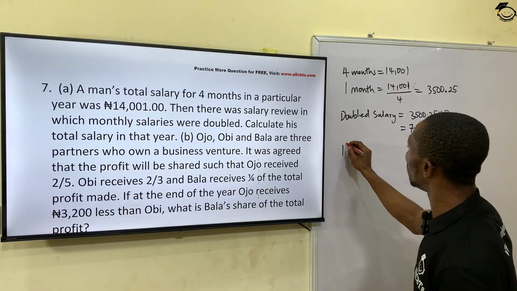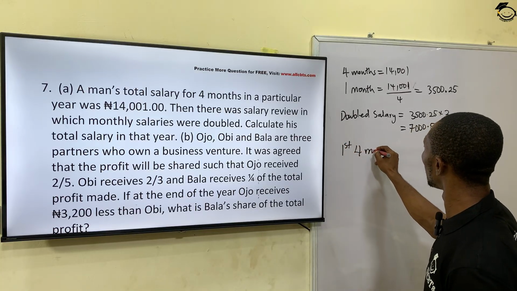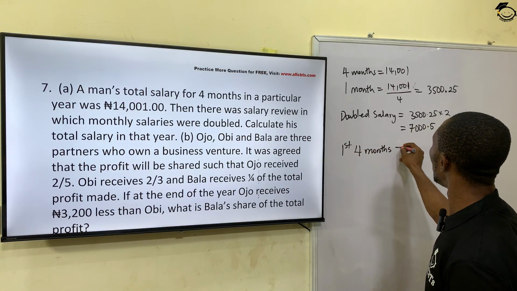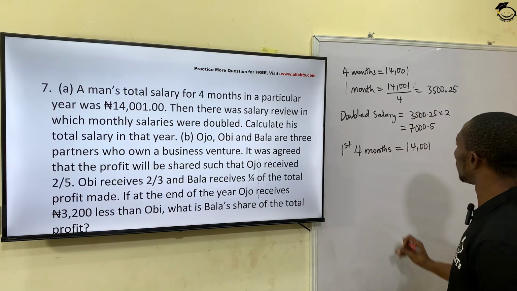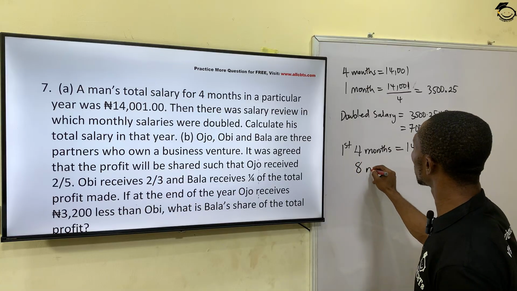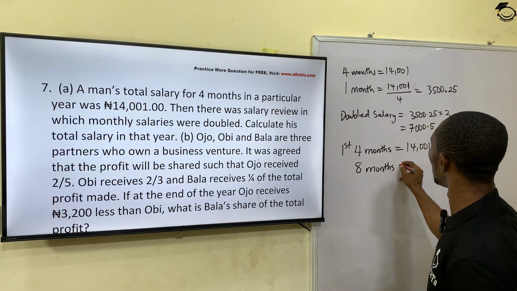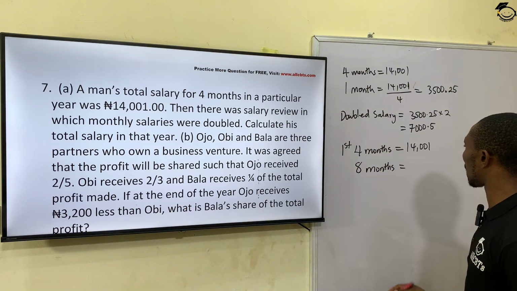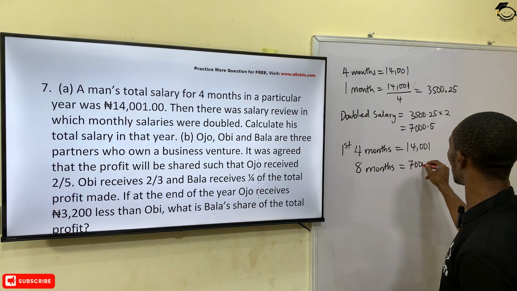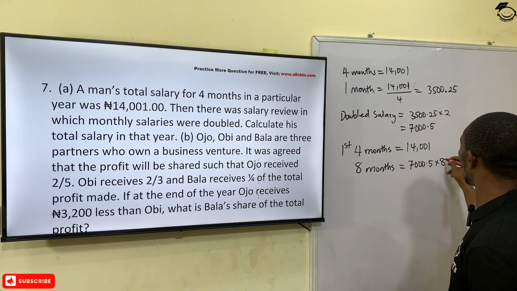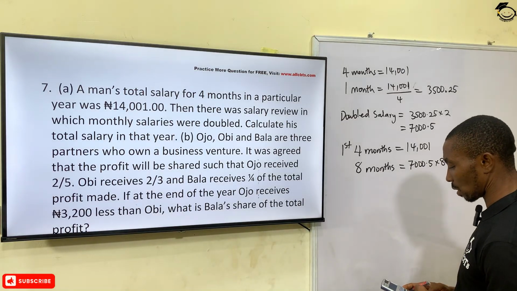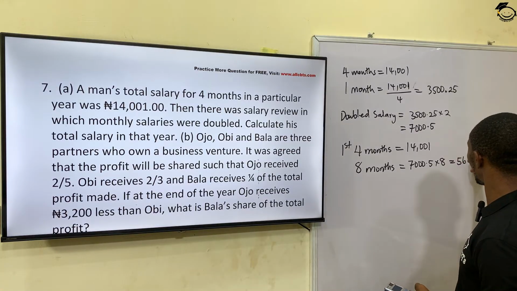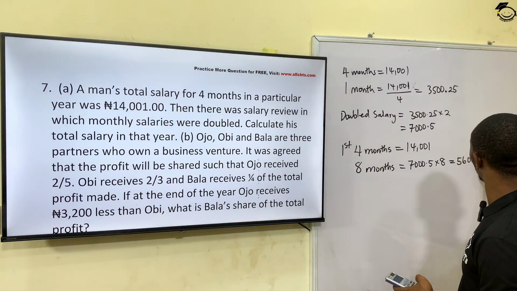So for the first 4 months, he earned 14,001. For the rest of the 8 months, he earned double his salary. So this will be 7,000.5 times 8, which gives us 56,004.